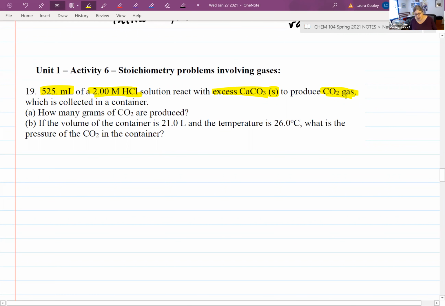Now, obviously, if you have HCl reacting with calcium carbonate, you're not just producing CO2. So what is the reaction here that actually happens?